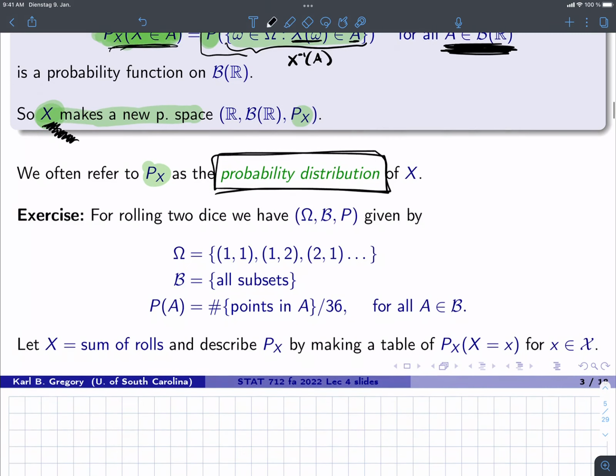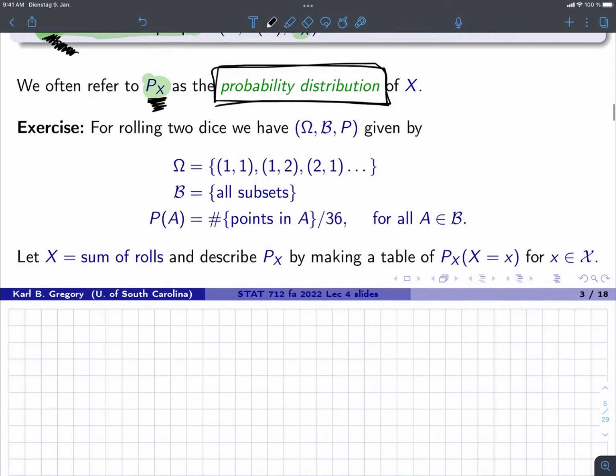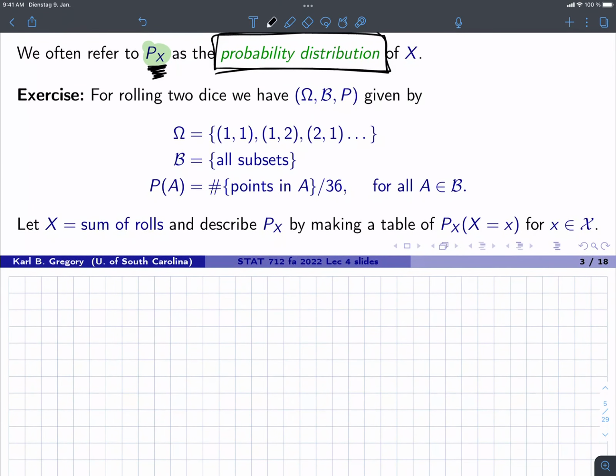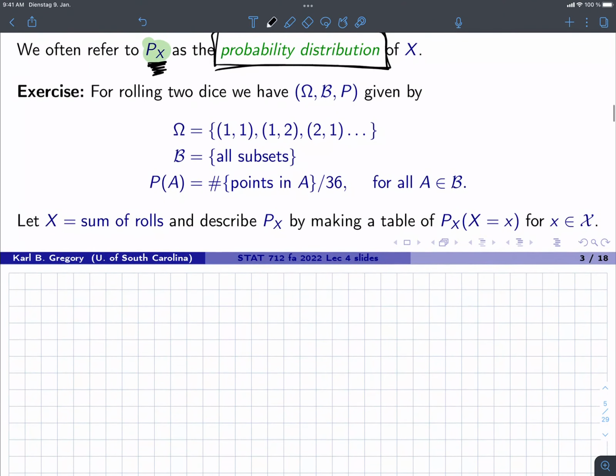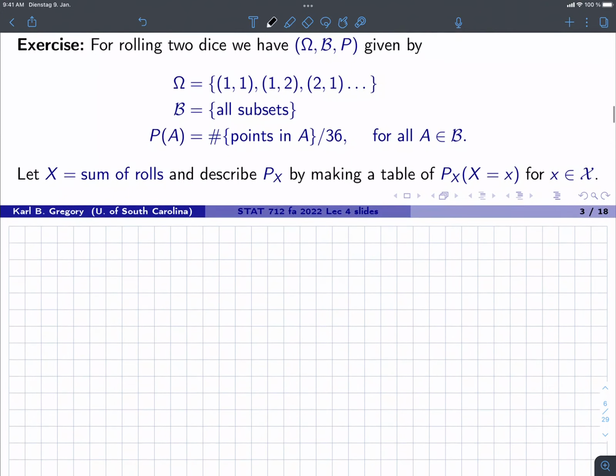So let's try to describe this probability function, P_X, for a certain situation, for a certain probability space and random variable. So for rolling 2 dice, we have this probability space. We've kind of worked with it before. But then let's let x be the sum of the rolls.